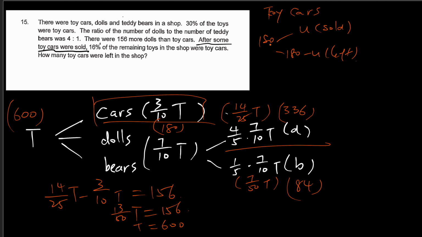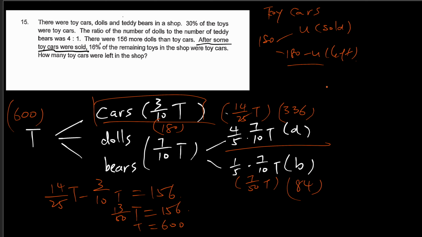Yeah. Then now it says 16% of the remaining toys. So that means this is 16%. So the new 16% of all the toys. So what is all the toys now? Is the toy cars? Anything happen to the doors or not? No, right?